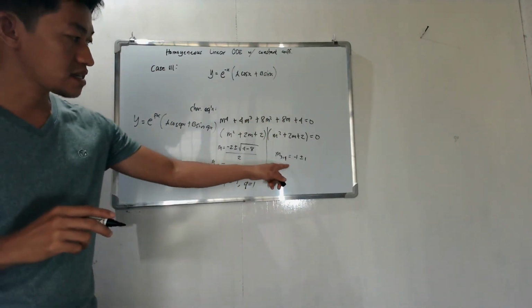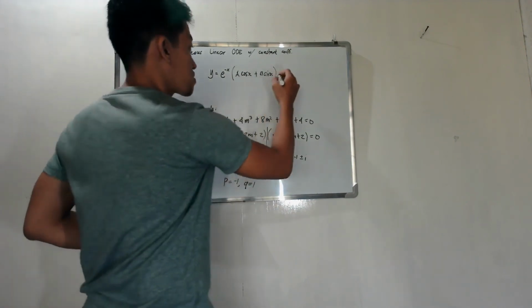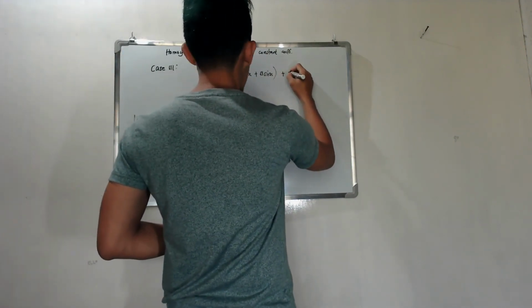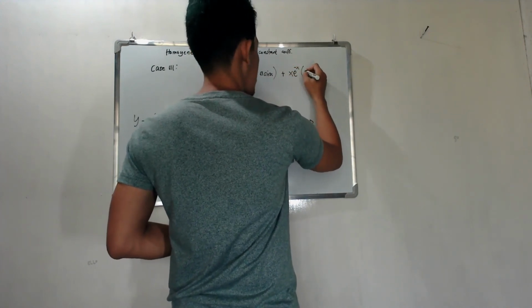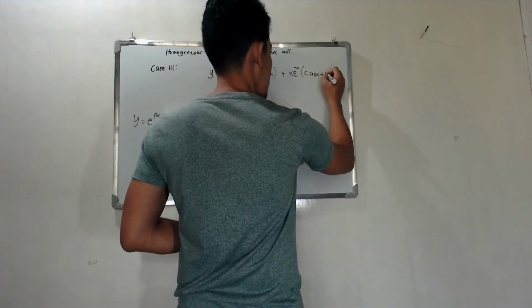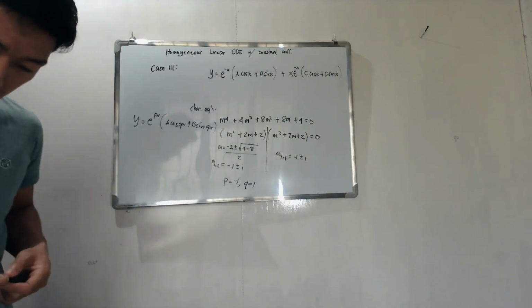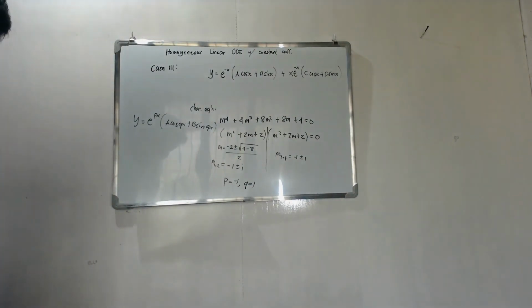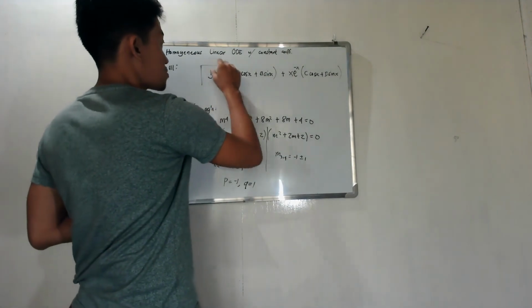And since the root repeated, you have plus x e to the -x, c cosine x plus d sin x. So that is now your general solution.